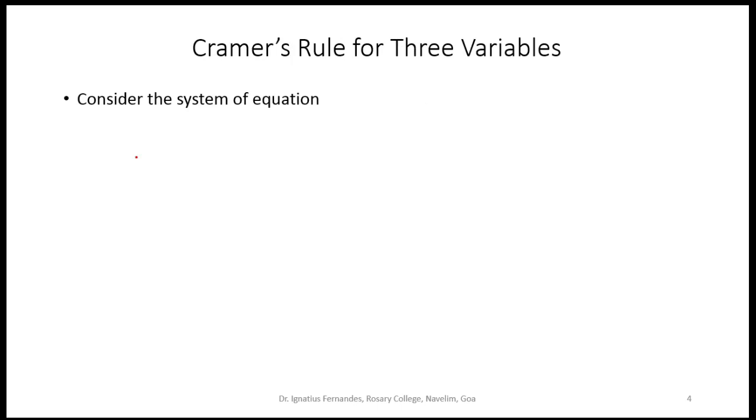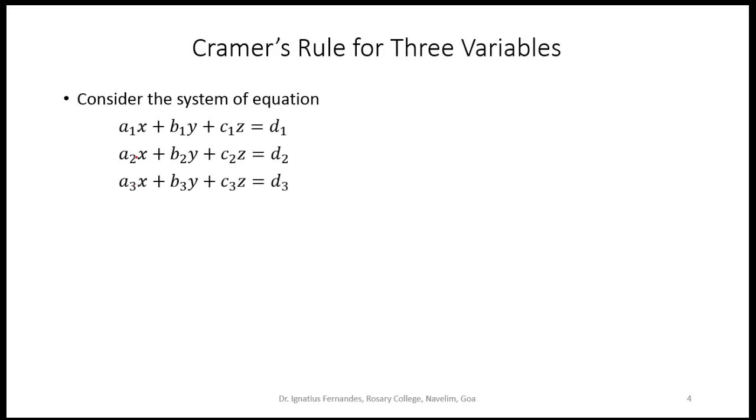So let us say I have a system of equations in 3 variables x, y and z. So I have 3 equations in 3 unknowns x, y and z. Again, just the extension of what we have done in the previous slides.